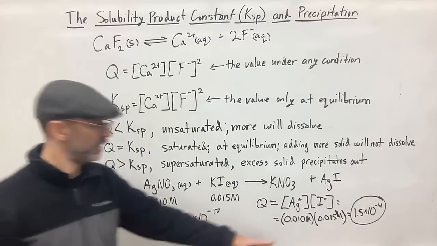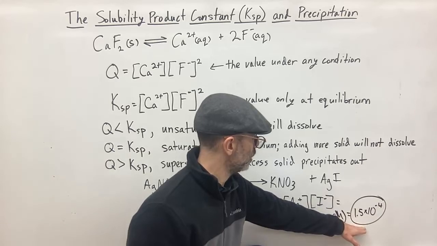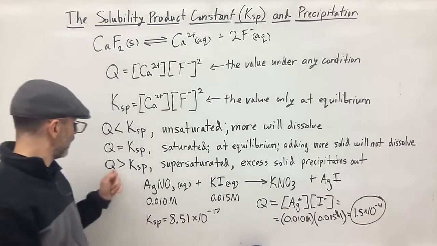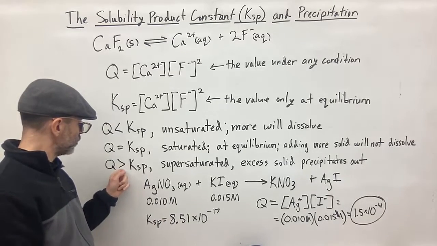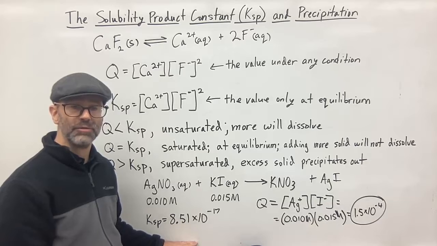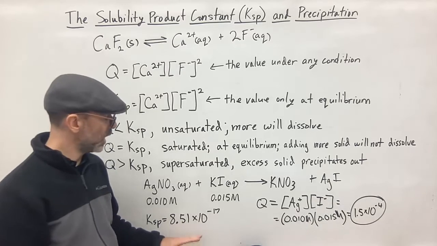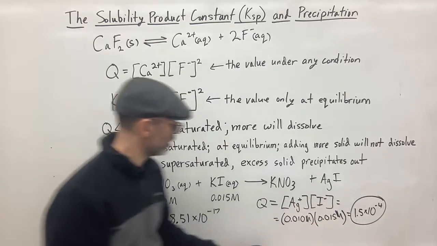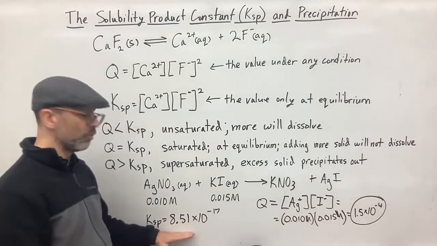Now look at KSP. My Q is much, much larger than my KSP. So what does that tell me? Q is much larger than KSP. That means that I am going to have a precipitate form because my concentrations of these ions are so much greater than what I would have at equilibrium.